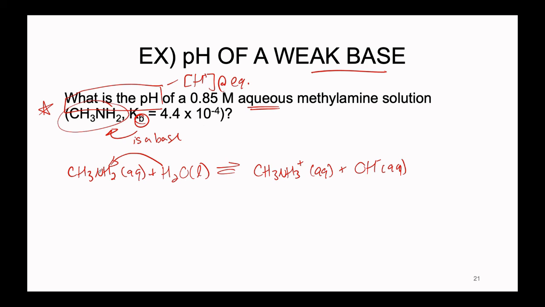Well, since we're not working with an acid and we don't have an H plus given in our generic equation, right, there is no H plus here, we're going to end up needing to find the concentration of OH minus to find the concentration of H plus to find the pH.